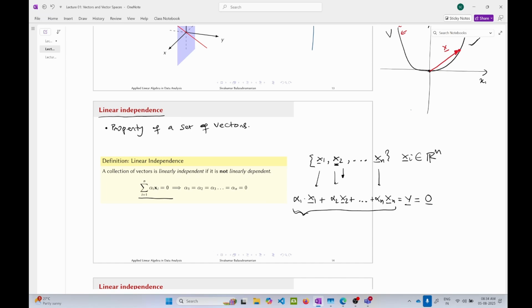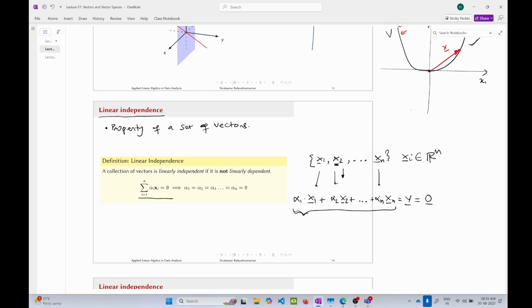If any one of the alphas is non-zero and the linear combination still produces a zero vector, then you say that the set is linearly dependent. Linearly independent means the only linear combination that produces the zero vector is when all the scalars are 0.